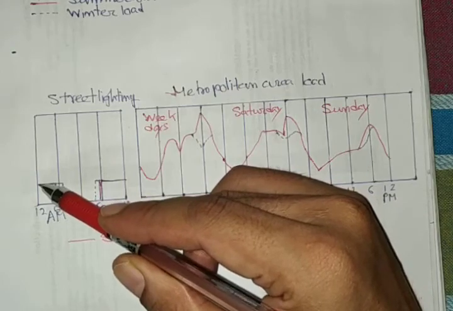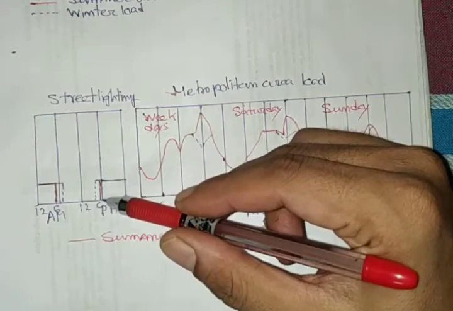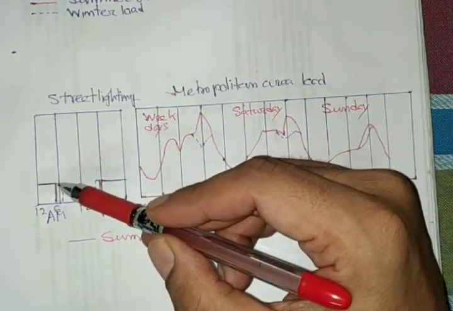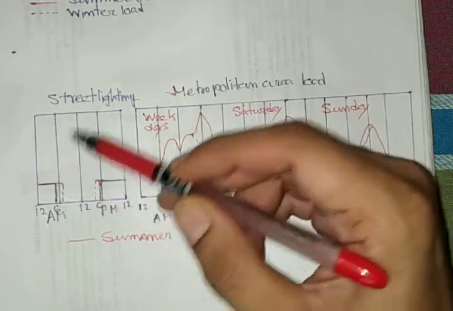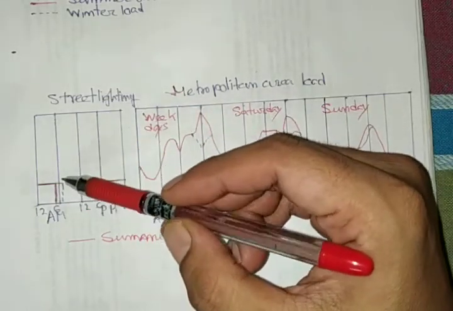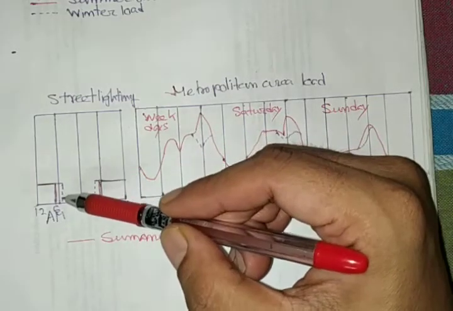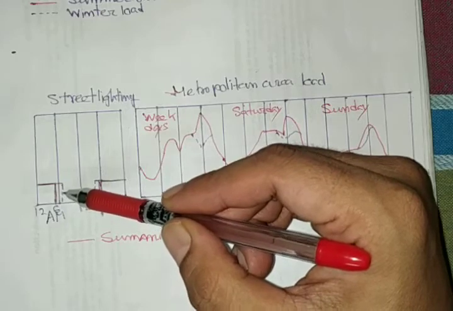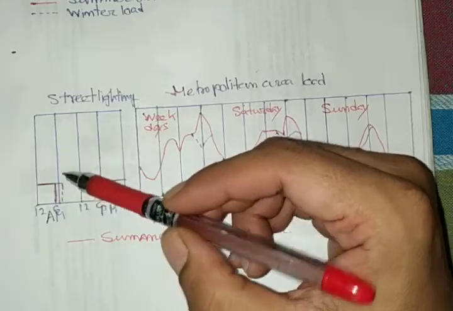It will start, suppose, from night, from 6 evening to 6 morning, almost 6 for summer. And for winter it will go a little bit more. In some places maybe beyond 6, depending upon the time for that particular place.